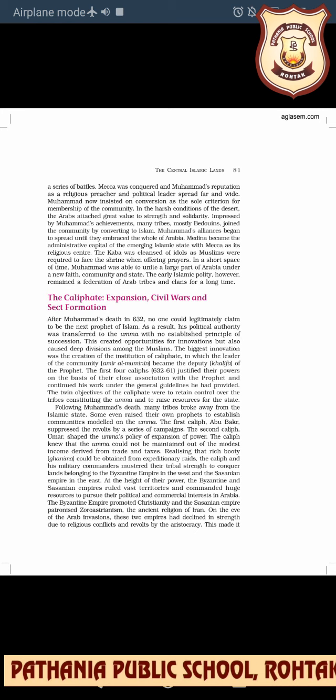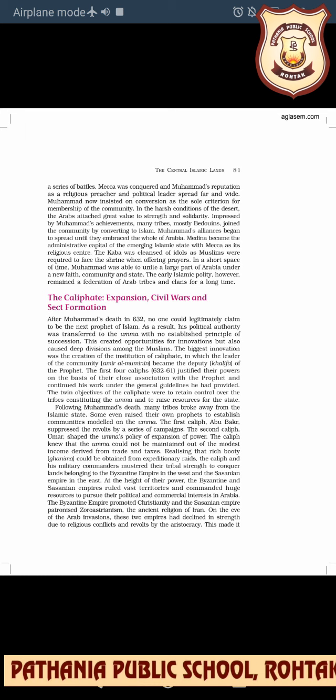It means these caliphs had only two major objectives. One was to control the tribes which were constituting the Ummah, and the other was to generate the financial resources for the state.